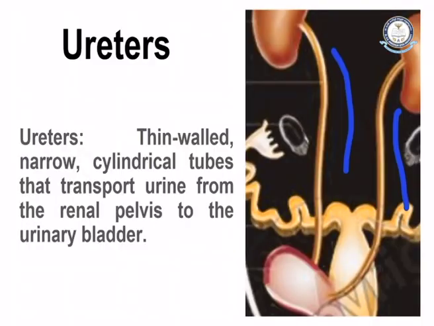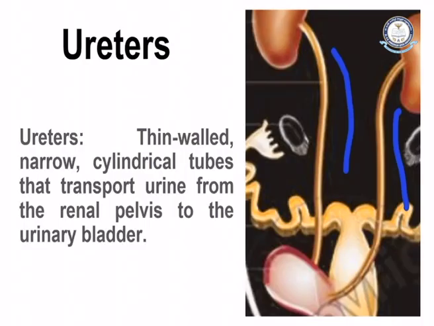Now we will move on to the next important component of the excretory system after kidneys, which is the ureter. Ureters are thin-walled, narrow cylindrical tubes that transport urine from the renal pelvis to the urinary bladder. The function of ureter is only transportation.